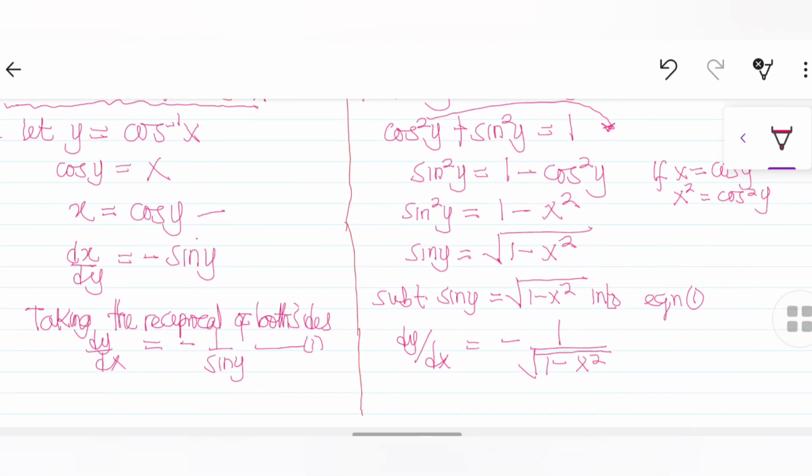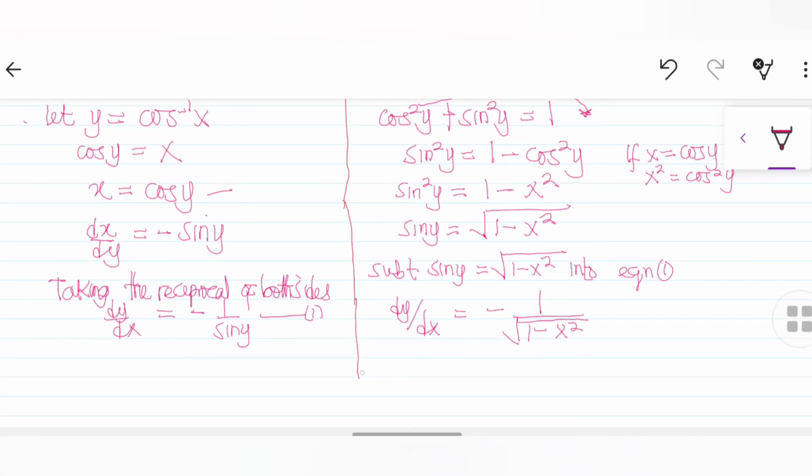So whenever I'm asked to find the derivative d/dx of cos inverse of x, it is going to give me minus 1 all over square root of 1 minus x squared.